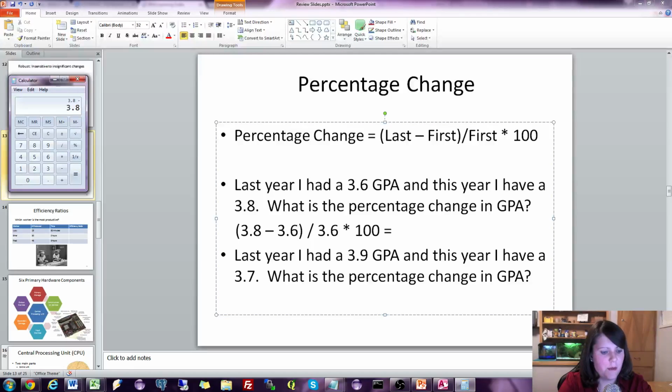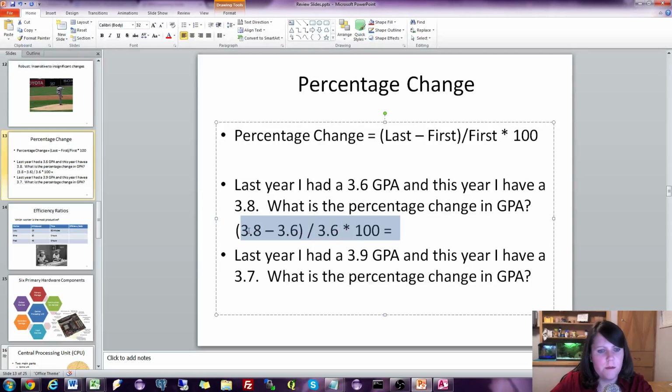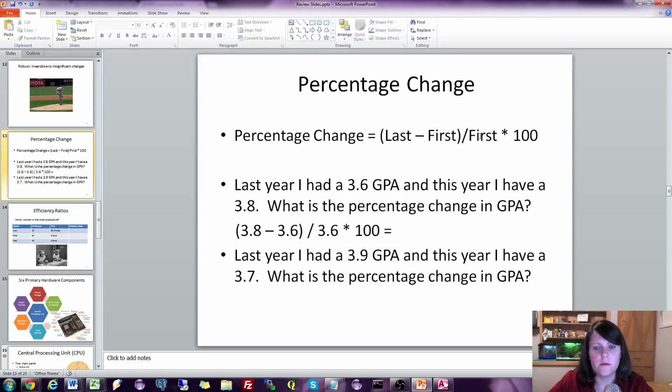And just a reminder that parentheses are important. So over 3.6. You can let me know if that's incorrect or not, because I was using kind of a junky calculator. But this is how you would do the calculation. I don't want to say that's the right answer just in case it didn't pick up order of operations, but I think that it did. Okay, so last minus first over the first one.